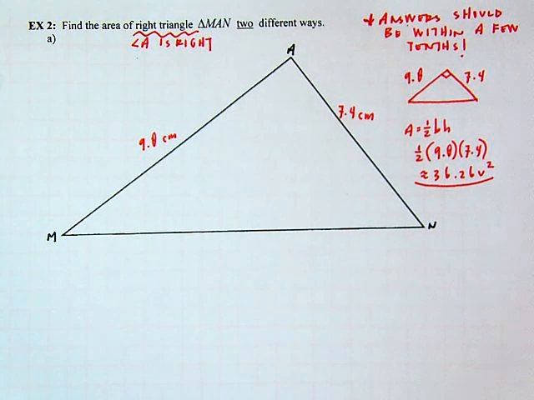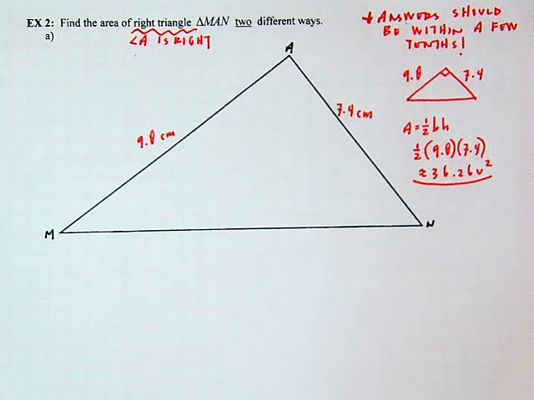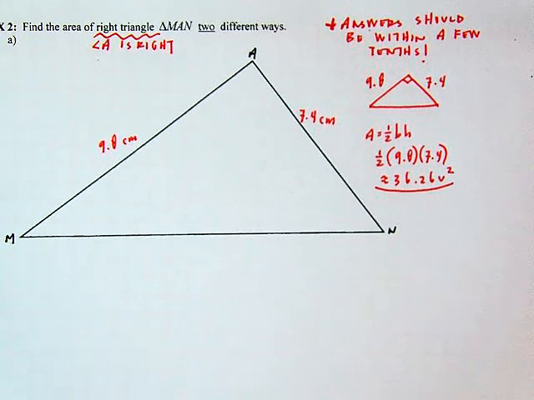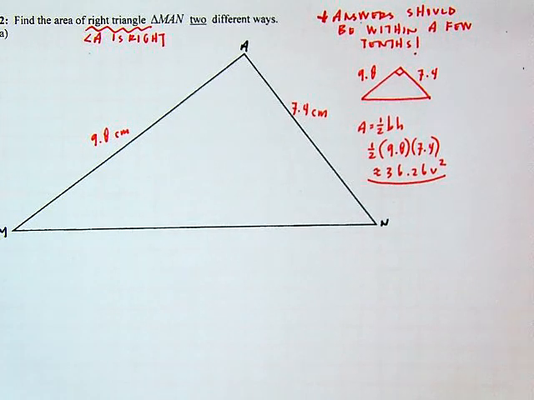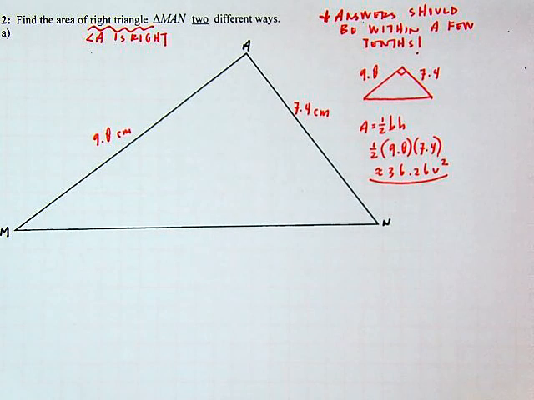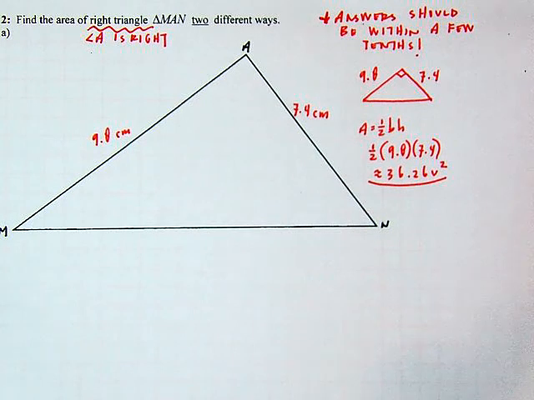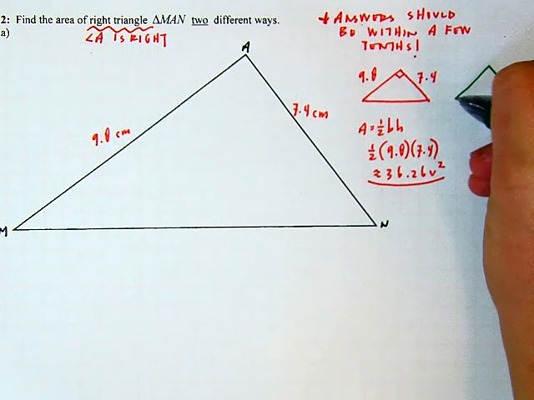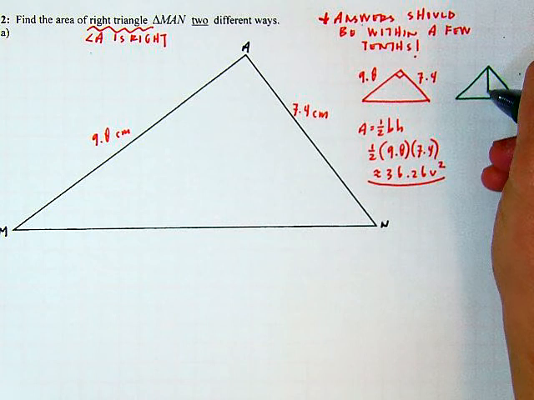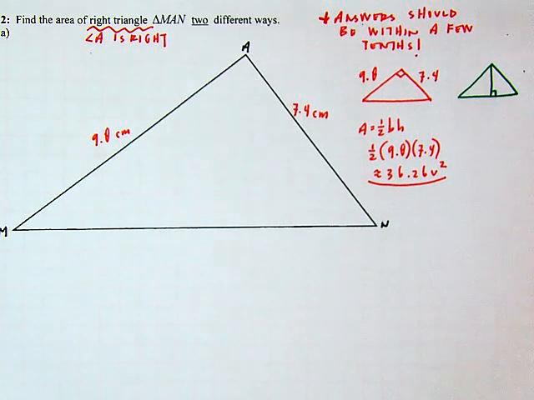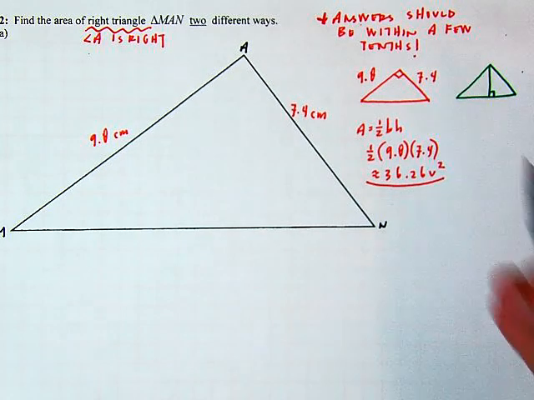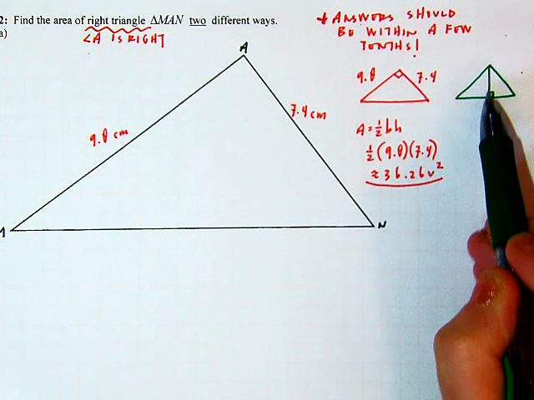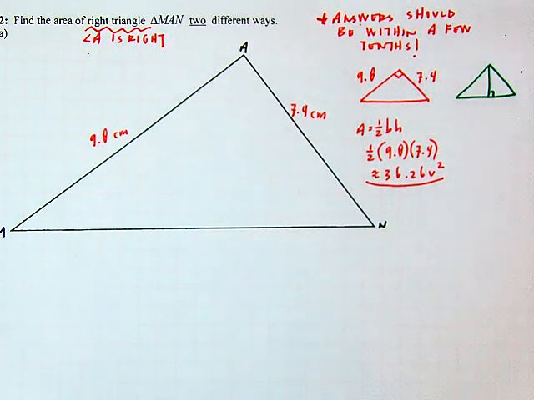Okay, so now I want to do it a different way. I want to imagine that my base is MN, and I want to get its altitude. So let me use a different color and redraw my triangle right here. I'm going to look for my base, and then figure out the altitude, and its measure will be my height.